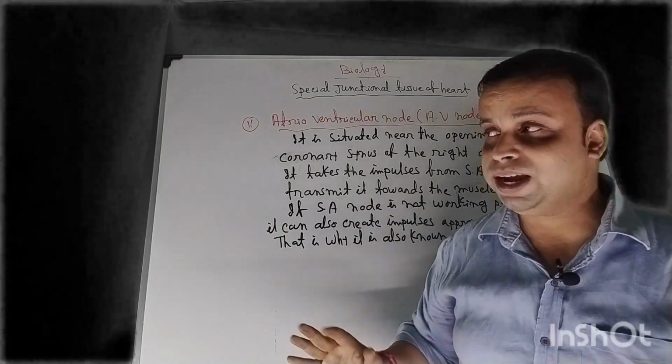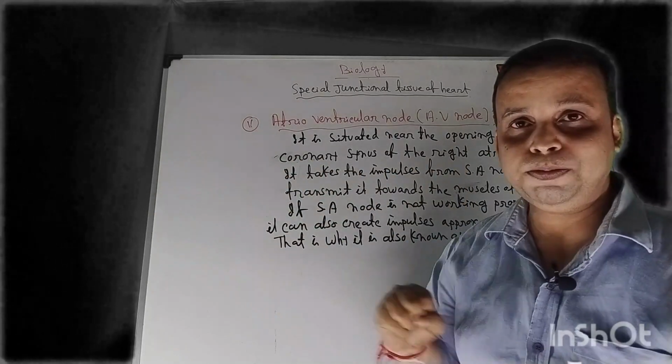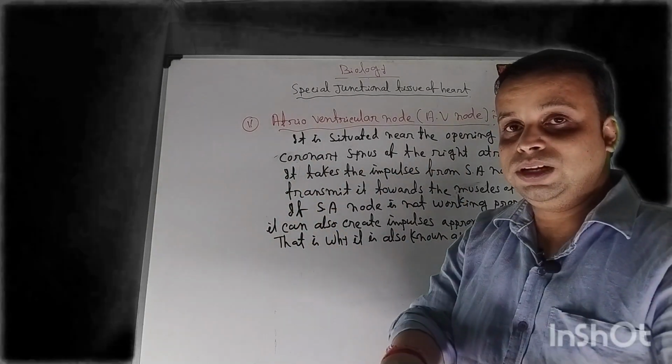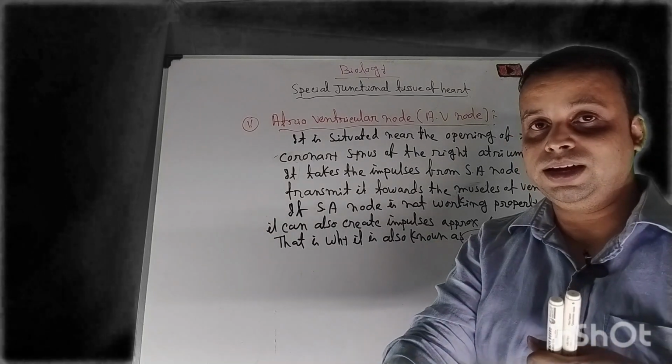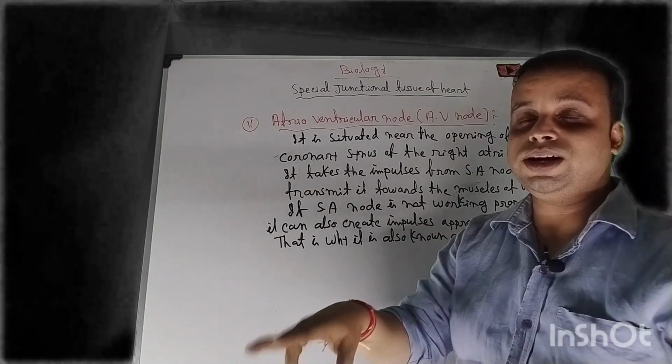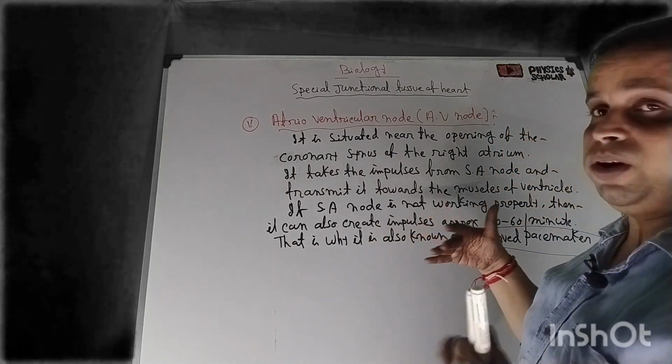When the SA node is working fine, it takes the impulses from the SA node, and through the bundle of His it goes towards the ventricles of our heart.